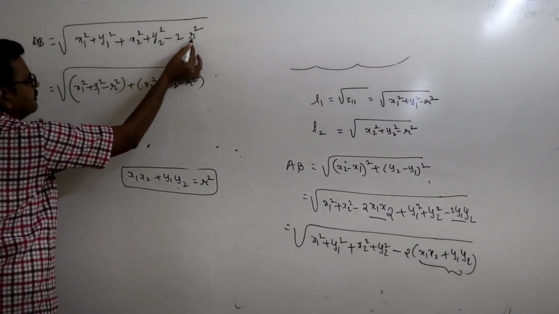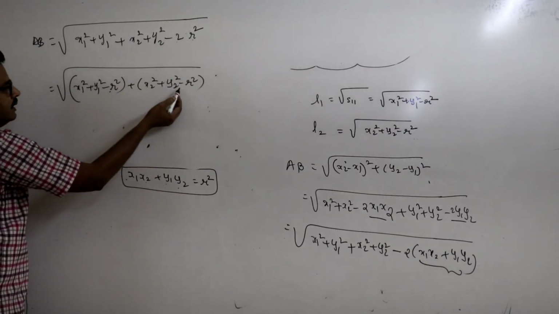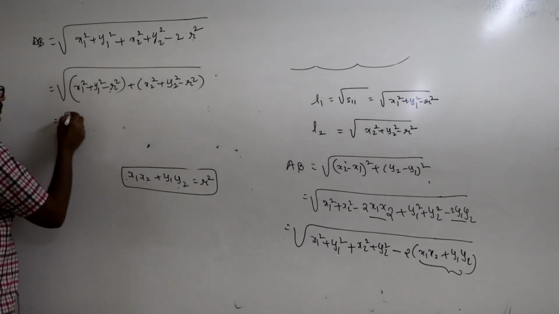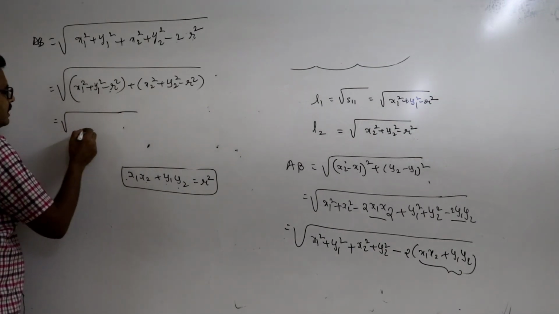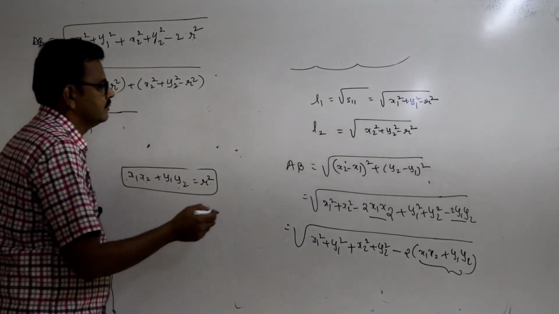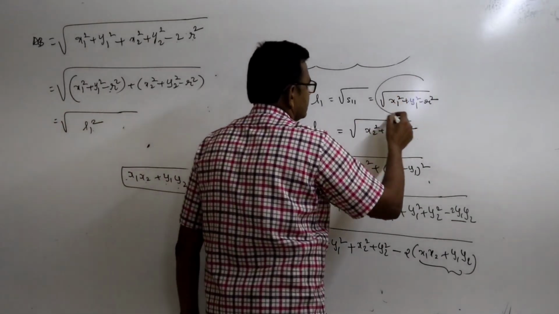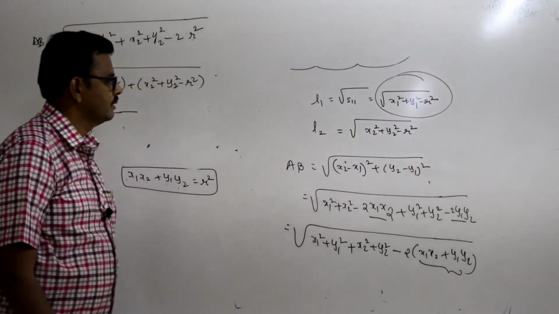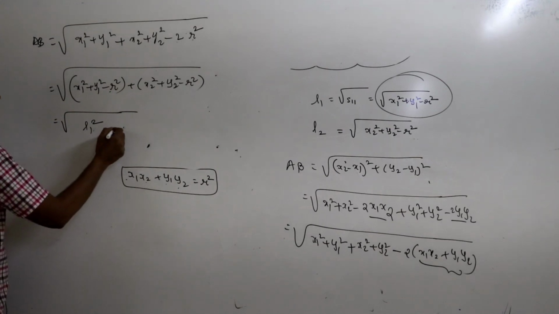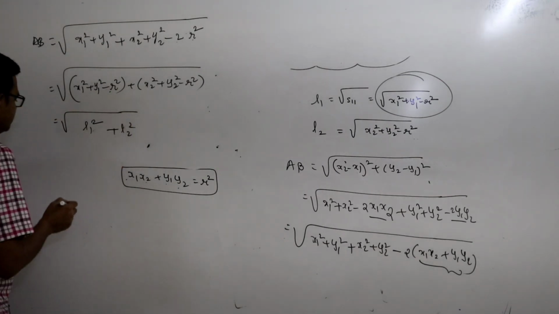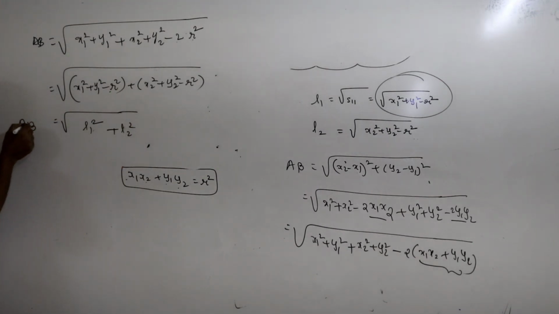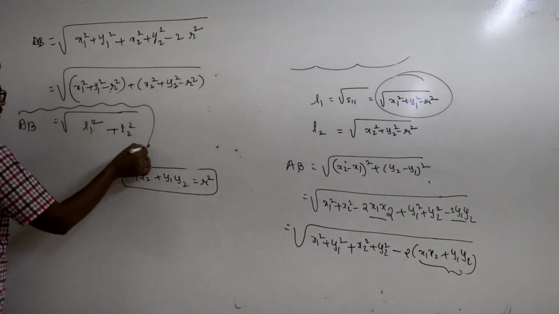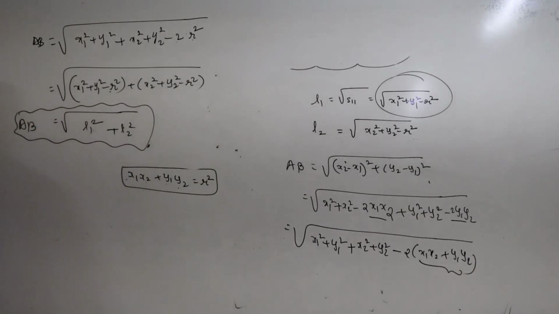So this 2r square is minus r square minus r square. That is root of, this is L1 square, see here, plus L2 square. So AB is equal to root of L1 square plus L2 square.